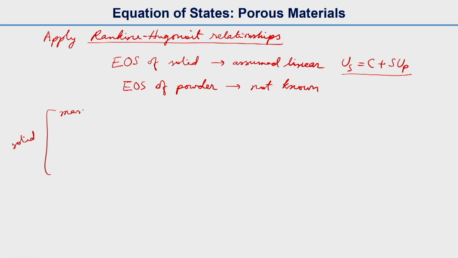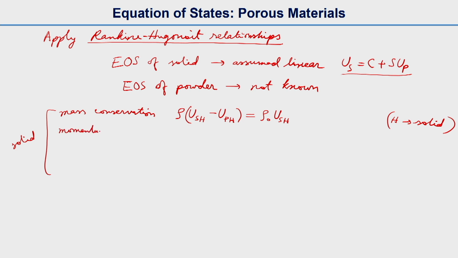So mass conservation, you must remember this equation. We already found some equations, so we are not going to show you how we got that, but I hope that you already know, we mentioned this in an earlier discussion. So this is shock wave velocity. The subscript H is for solid. And then momentum conservation, and then energy conservation.